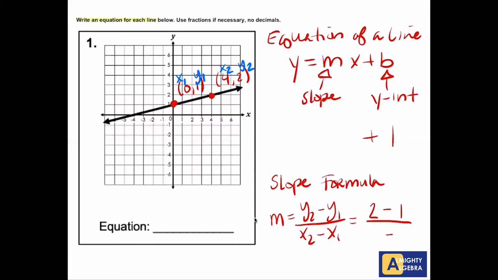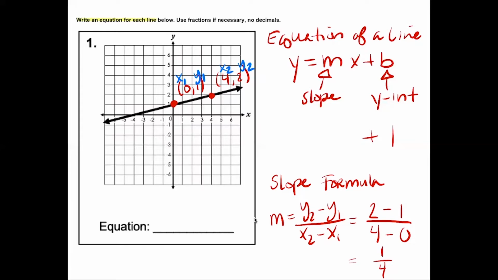In my denominator, x2 minus x1, I'm going to have 4 minus 0. 2 minus 1 is 1, and 4 minus 0 is 4. So my slope is 1/4.